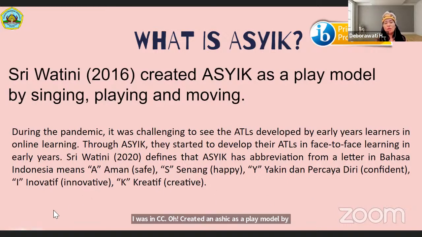And now we practice in our class the ASYIK strategies. For the next slide, during the pandemic, it was challenging to see the ATLs developed by early years learners in online learning.